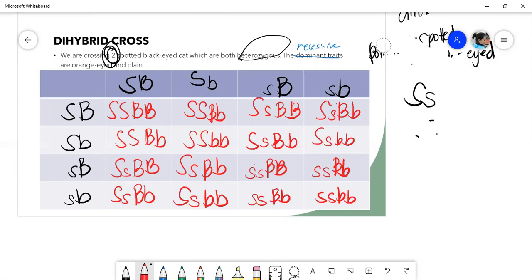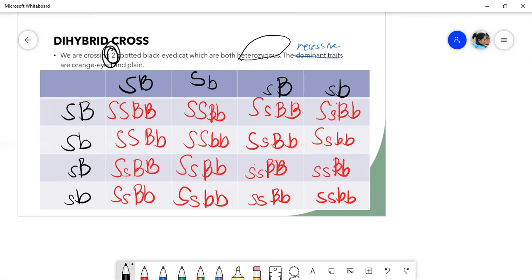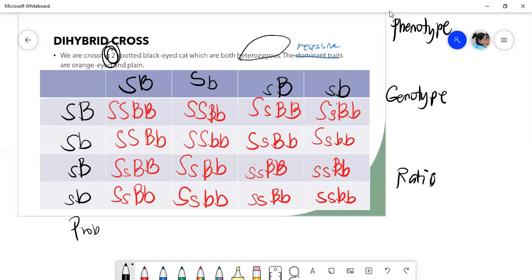So you have to reflect on which part you went wrong, because otherwise you may not get the correct answer for the phenotype. So it is easier to get the genotype first so it's easier to get the phenotype. And then you can get the ratio. And after the ratio, you can get your probability.